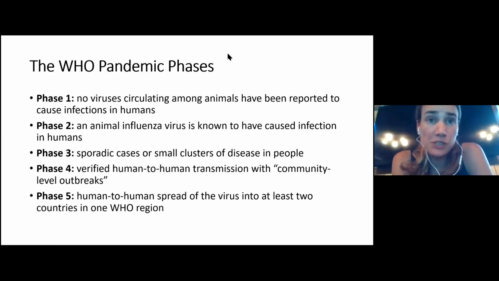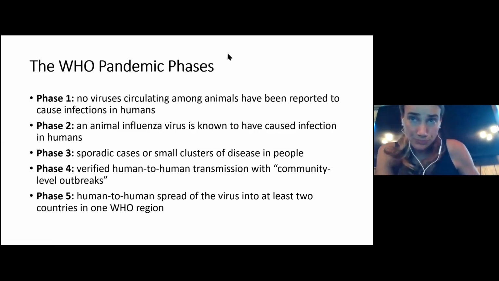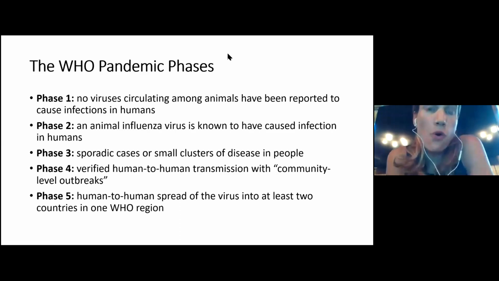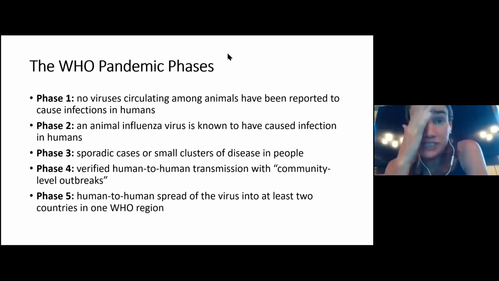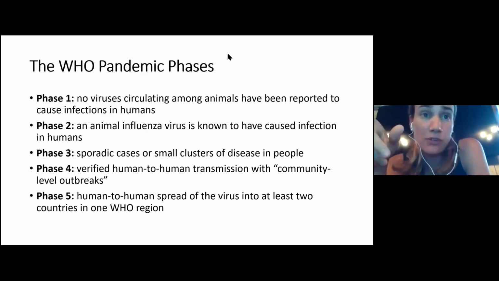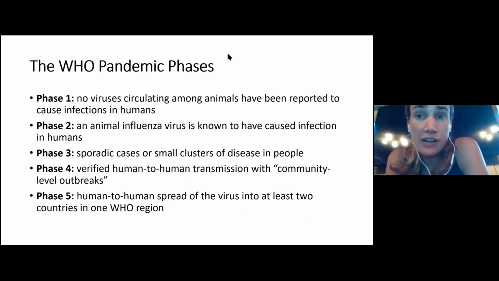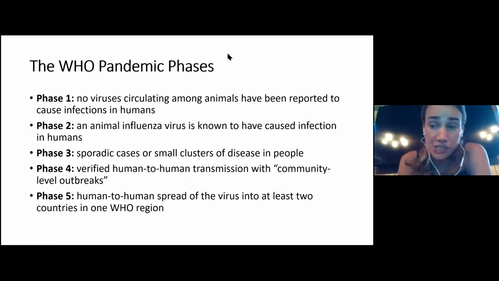Phase 3, you have sporadic cases or small clusters of disease in people. Phase 4, you have human-to-human transmission with community-level outbreaks. This is important. And phase 5, human-to-human spread of the virus into at least 2 countries in 1 WHO region.